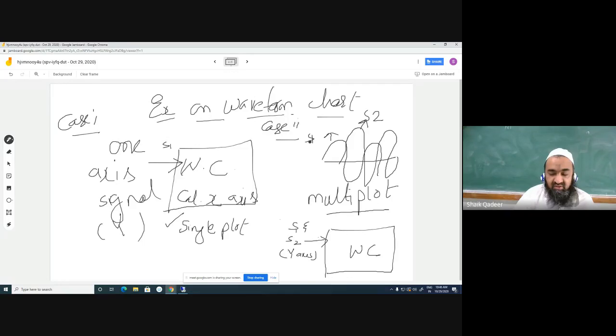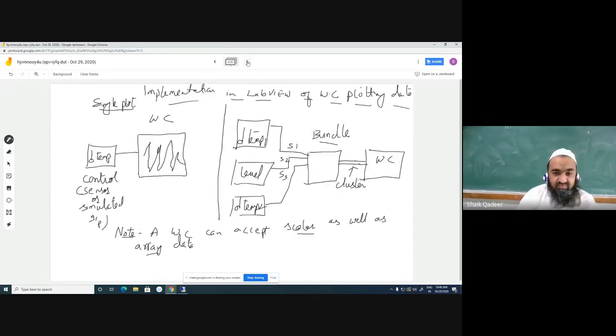Multiple signal, single axis signals, if applied to waveform chart, it is called as multiplot. The common point in both the cases is signal axis is 1. Okay. Then after that, I move to the implementation of this waveform chart example in LabVIEW.